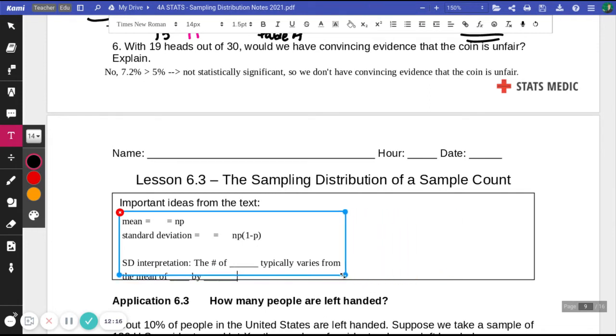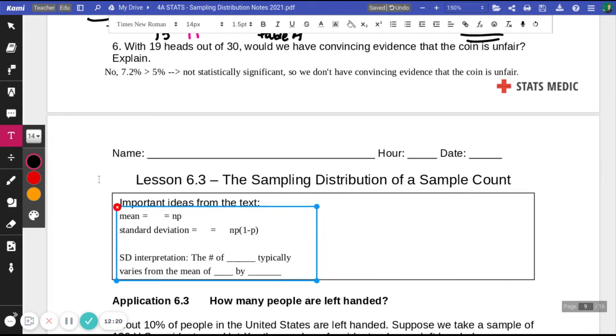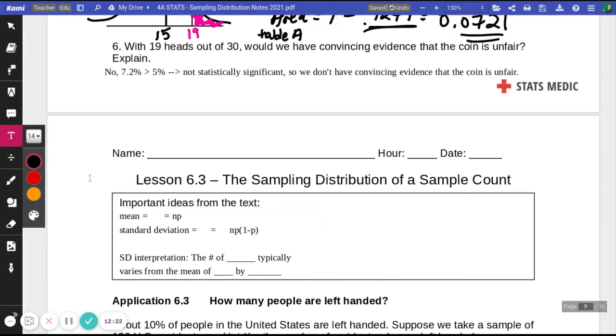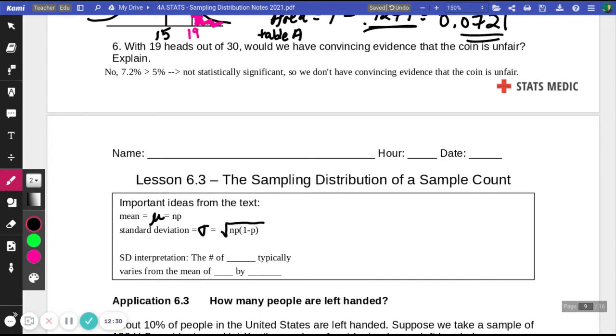I'm going to scoot that over a little bit and fill in my blanks here. My mean is mu, my standard deviation is sigma, the square root of all that. And this is the number of whatever we're talking about varies from the mean of whatever mu is by the number for whatever the standard deviation is.